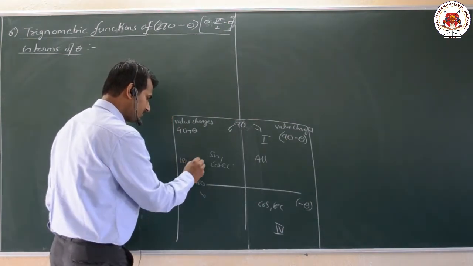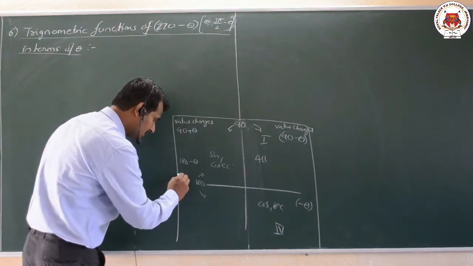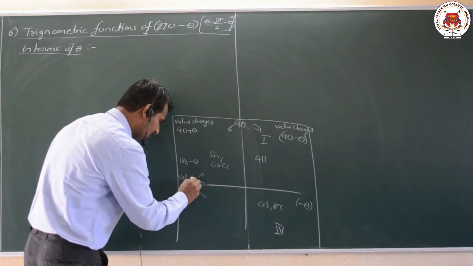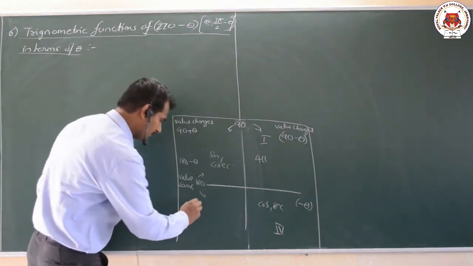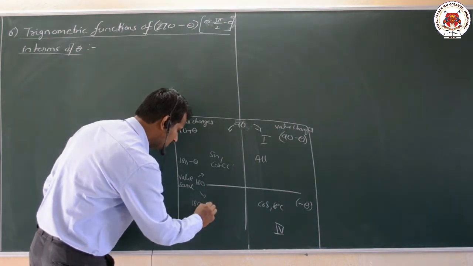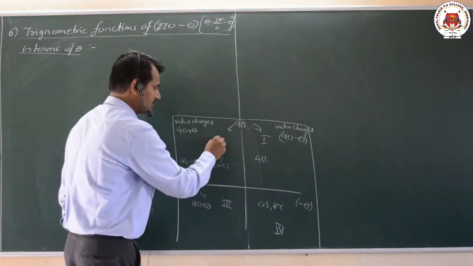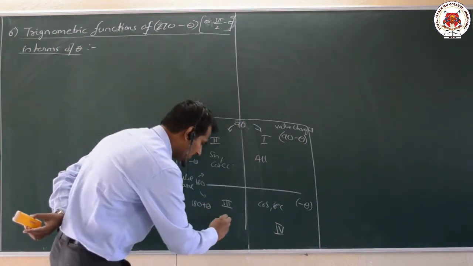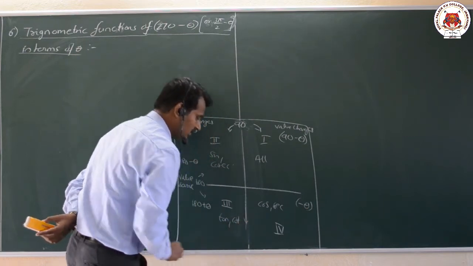In the third quadrant, only tan and cot are positive.